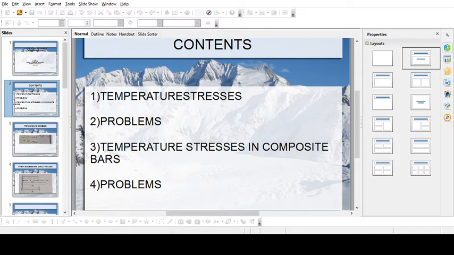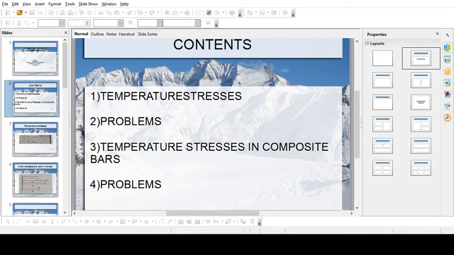If these temperature changes fully induce certain stresses, then we permit them up to a yield. So here we are going for two cases. First, the stresses are partly induced, for which you have one formula, and if the stresses are completely induced, then we have another formula.